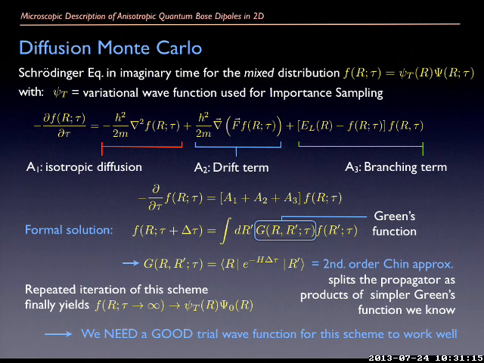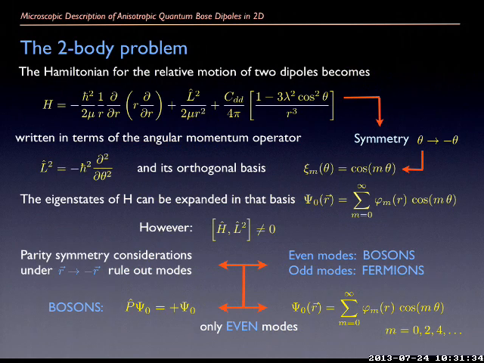Since the interaction is anisotropic, you cannot fulfill all those conditions in all directions with the isotropic solution. So you have to build a solution that incorporates the anisotropy, and that is exactly what we wanted to do here.